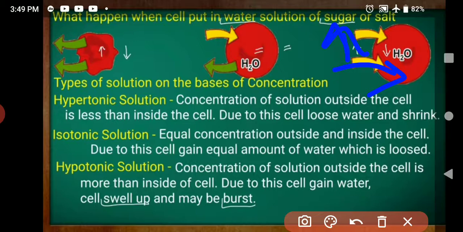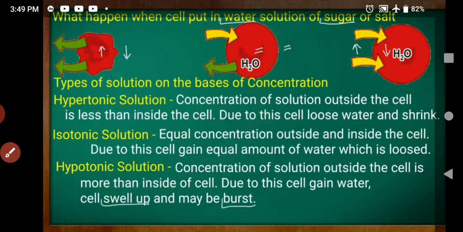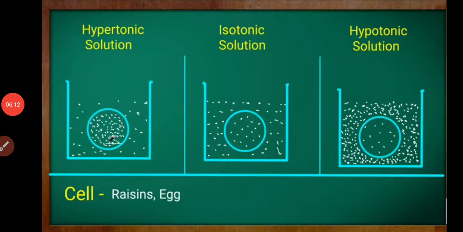Now all of you got it. What is hypertonic solution, isotonic solution and hypotonic solution? Now we will understand this with the help of this activity. Put raisins and egg in water solution of sugar or salt.